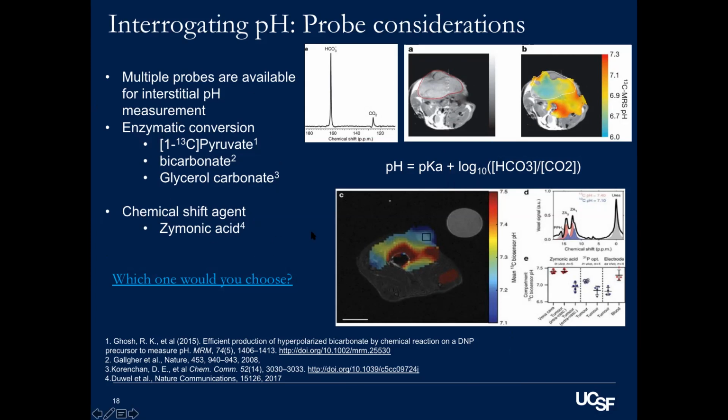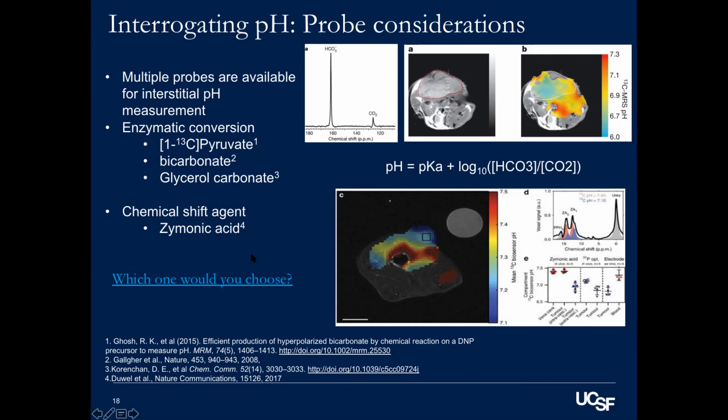And the 4th one is a more recent publication using zymonic acid. Here is a subcutaneous tumor, and the spectrum is from this voxel here. With zymonic acid, they deconvolved this one peak into 4 different peaks of varying pHs. The way this particular probe works is that it's a chemical shift reagent.